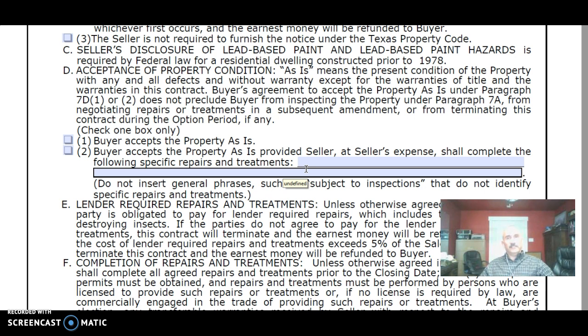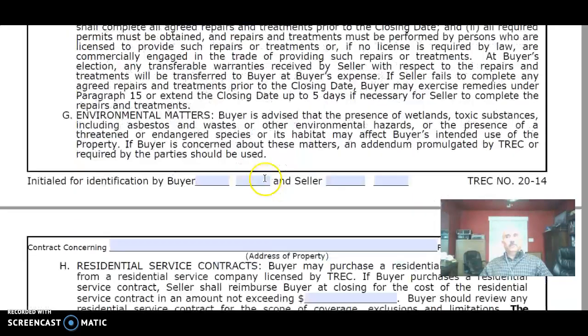Why? Because they're going to get the house inspected. They may determine that it needs a bunch of repairs, and then they're going to hang that option period over your head and say, if you don't get this stuff repaired, I'm going to back out. So at that point, the repairs become a negotiable item. So very important.